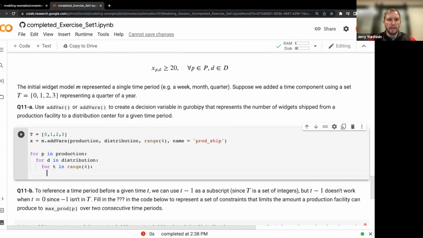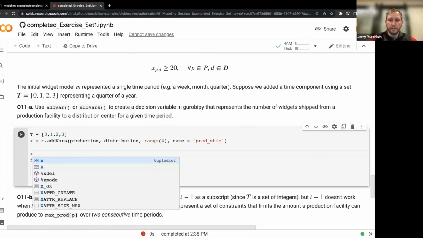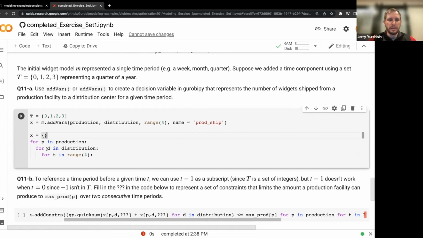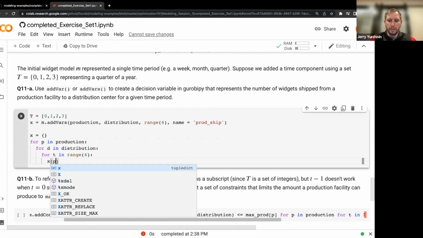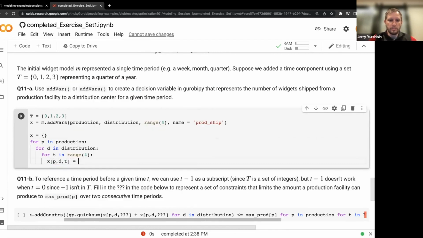And if you're going to do it this way, you've got to put something at the beginning like this. Then you would say X P D T addVar, and then name equals prod ship, maybe time, something like that. So this is another way to add all the variables that we'd want.